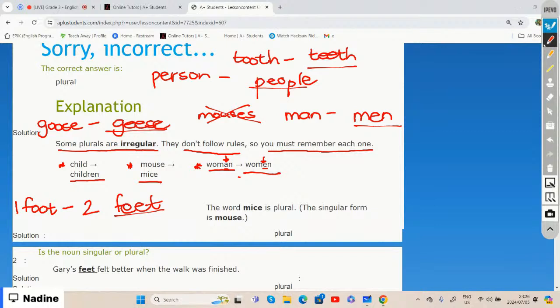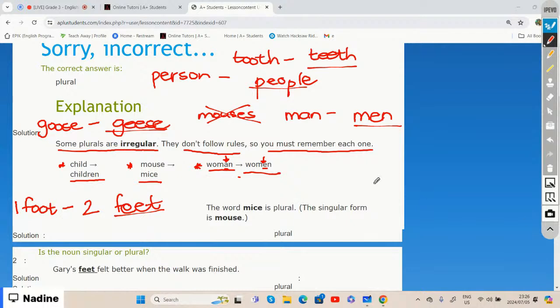We don't say just add an s to show that there's more than one. So the wording changes when it comes to irregular plurals. So you're just gonna have to remember each one, because I cannot say add an e, add an ed. I cannot say that because the wording changes, right?